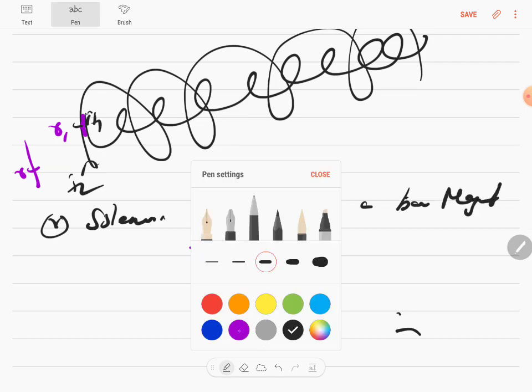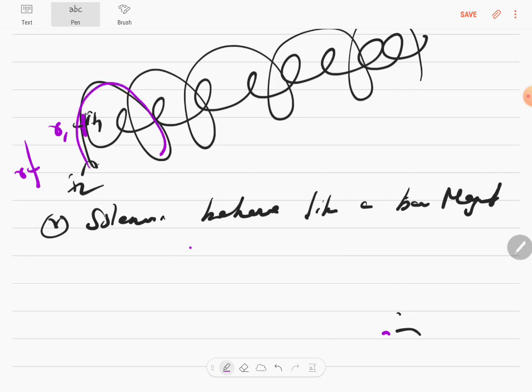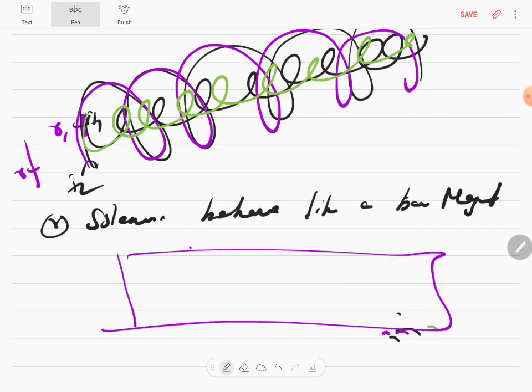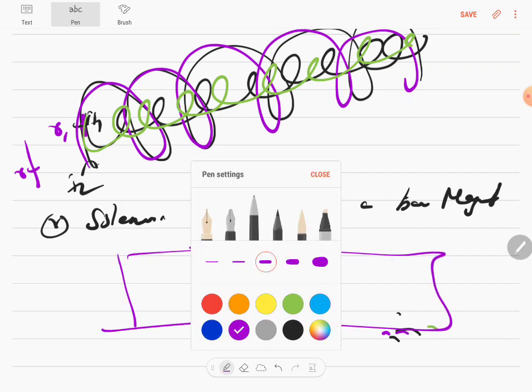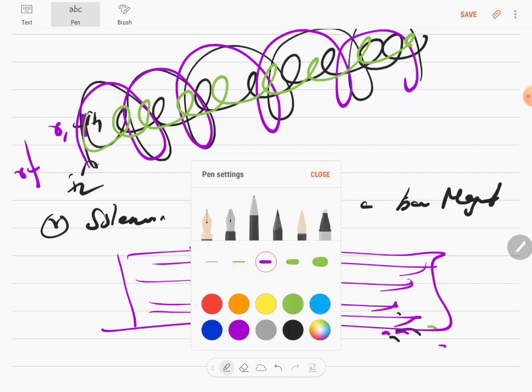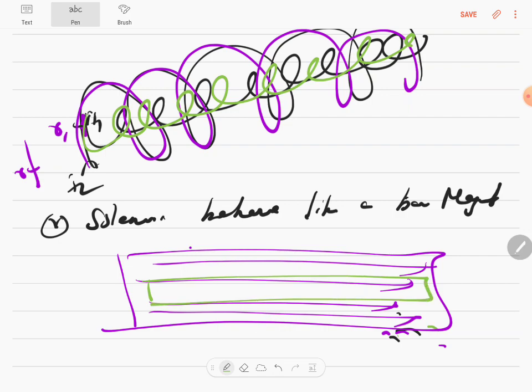Supposing I consider the outer solenoid to be in purple color and the inner solenoid in green color, can you see that the green inner solenoid is in the uniform magnetic field of the outer solenoid, because the outer solenoid is a purple bar magnet. Within the bar magnet you know that the magnetic field is uniform, inside which it's as if the inner solenoid, the inner bar magnet, is immersed.